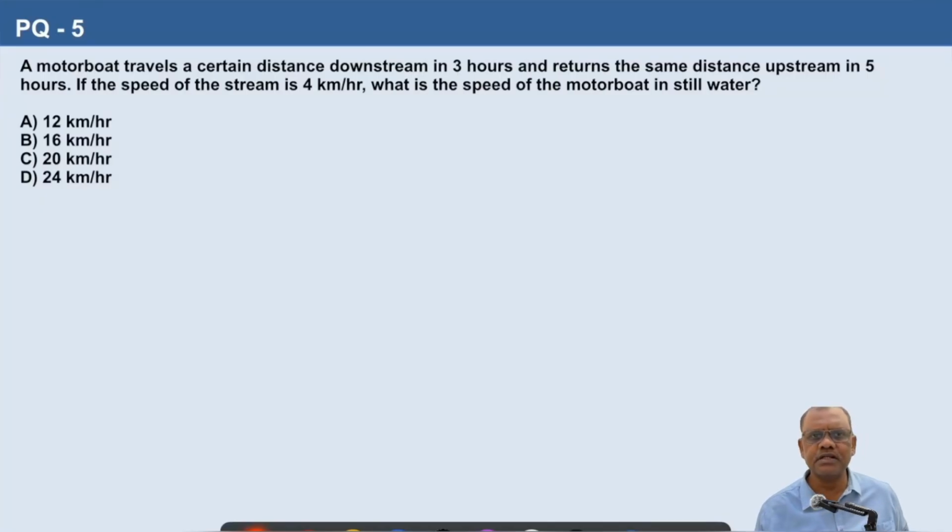So in this question, the time taken for traveling downstream is 3 hours and the time taken upstream is 5 hours. So let us write down the ratio of timings: 3 hours downstream and 5 hours upstream.